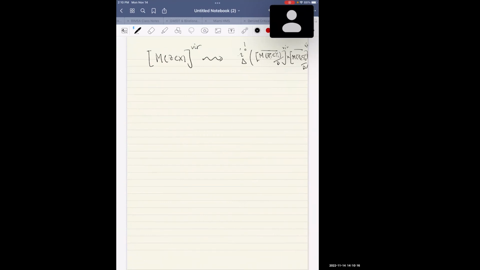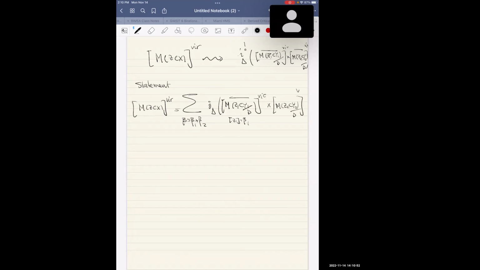So basically the statement is, the virtual cycle is the sum over all possible ways of breaking the curve of M of Z1 inside Y1 relative to D, virtual, where the class of Z1 is equal to beta 1, times M of Z2 inside Y2 relative to D, virtual, where the class of Z2 is equal to beta 2.